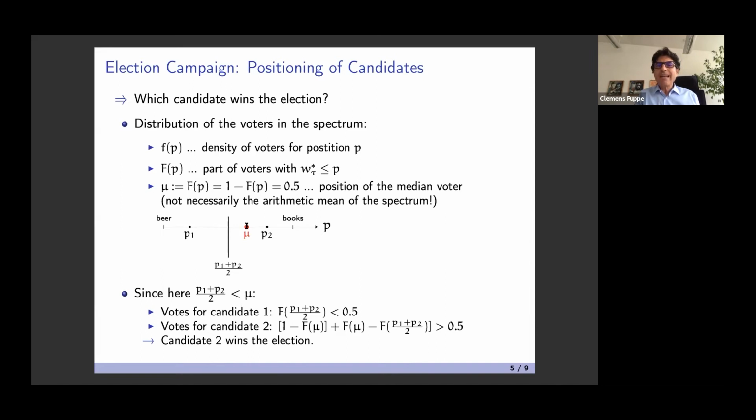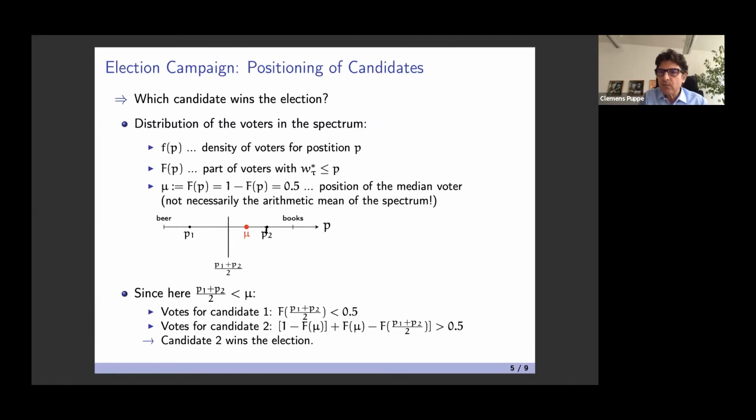Now, given that point mu, which candidate wins the election? The answer is, it depends where mu is compared to the midpoint of these 2 points. Take the midpoint. If mu is to the right of this midpoint of the 2 positions, which candidate wins the election?